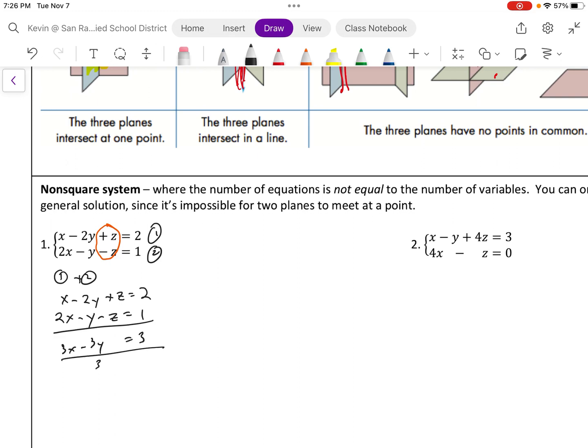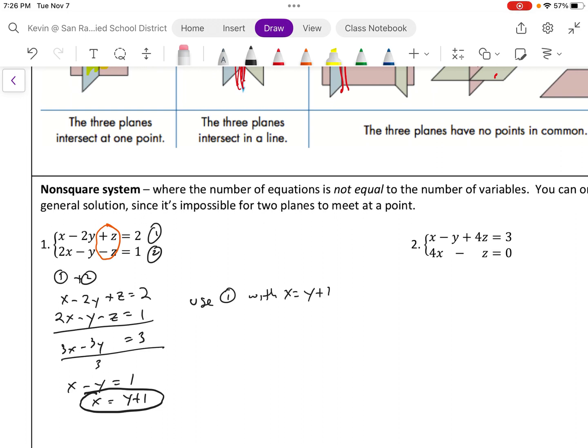I'm going to go ahead and divide everything by 3, so I have x minus y equals 1. I'm going to go ahead and simplify this: x equals y plus 1. So now I have a value for x, but it's in terms of y. But there's my x. Now I'm going to use equation 1, but I'm going to use it with x equals y plus 1.